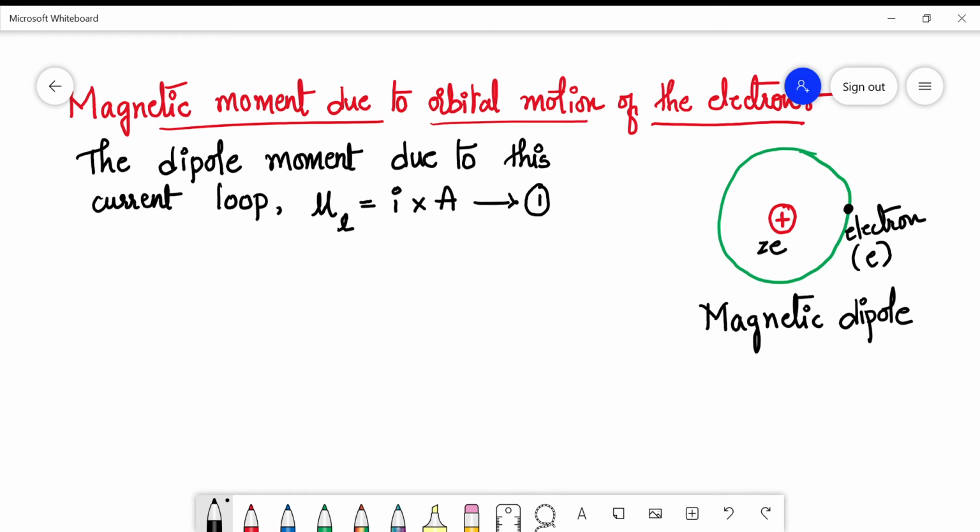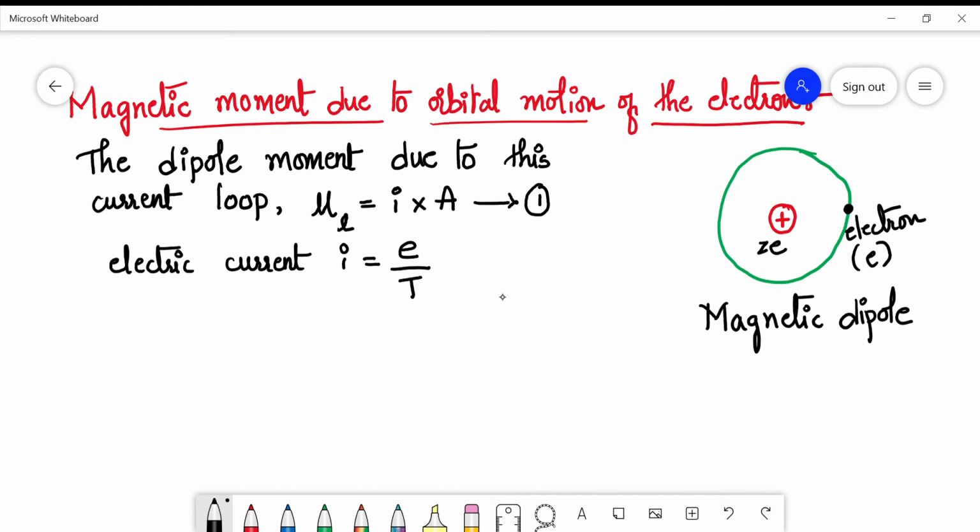Now we all know that electric current is given by I equal to charge per time. The rate of flow of electric charge is called electric current. Here, which charge is flowing? The electron is flowing, having a charge e.